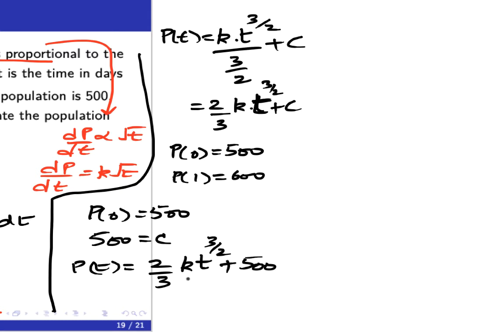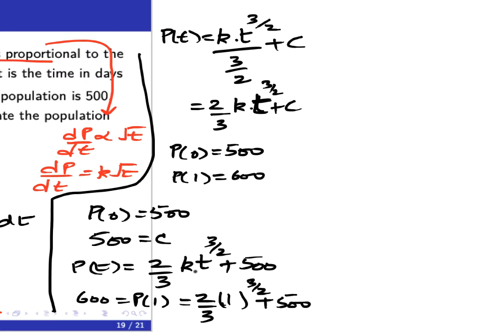Remember, we have to get the value for k. Now we take the second condition, P of 1 is 600. So 600 equals 2/3 k times 1 to the power 3 halves plus 500.